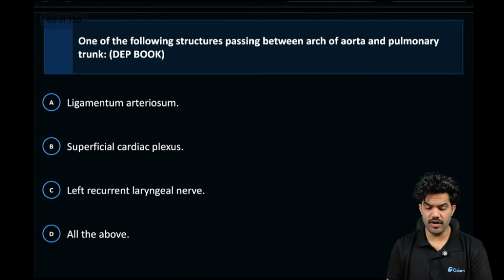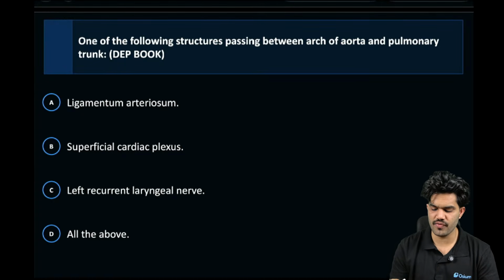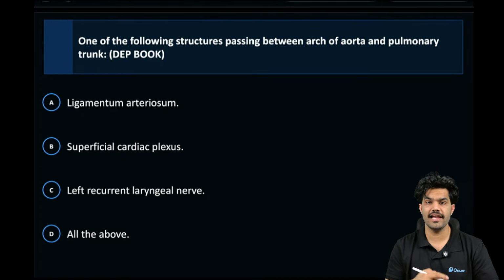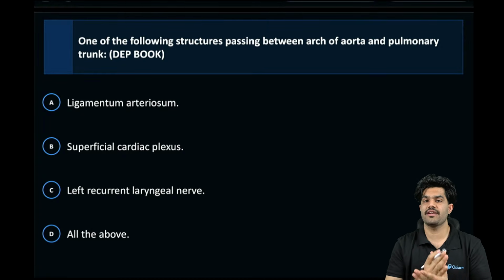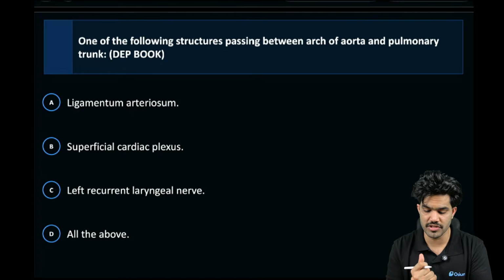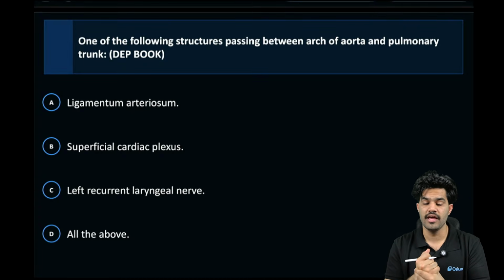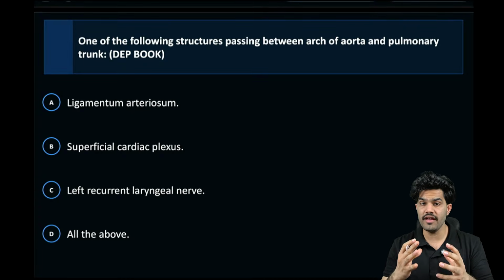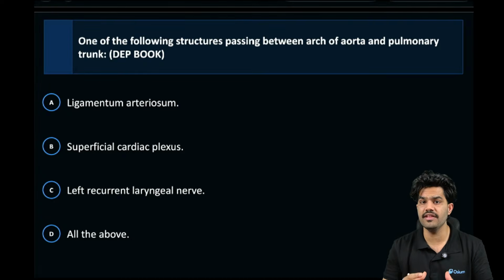Let's see. One of the following structures passing between arch of aorta and pulmonary trunk. See guys, you have multiple questions from arch of aorta and descending thoracic aorta. It means that topic, large vessels, is the most important topic. Okay, heart and large vessels are most important. Thoroughly read the textbook and try to focus on the questions I am dealing with the concept.